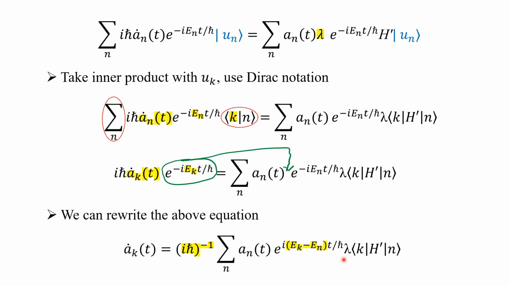All other things I kept as they are. You also bring i h cross to the right hand side, so this will become i h cross inverse. So in the left hand side, you have only a_k dot, which is a function of t. Right hand side, you have this term. Now we will see further what will happen to this.